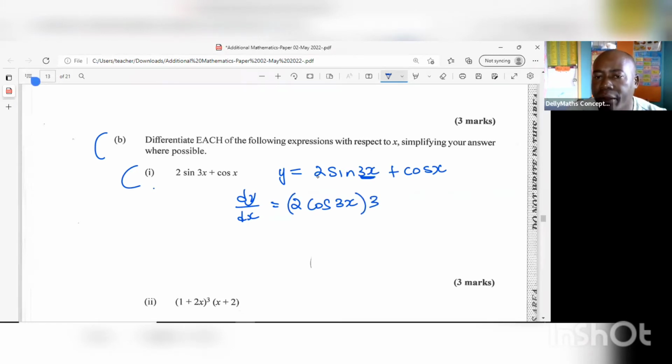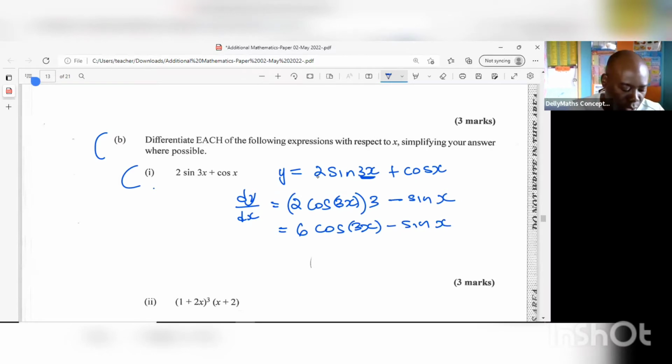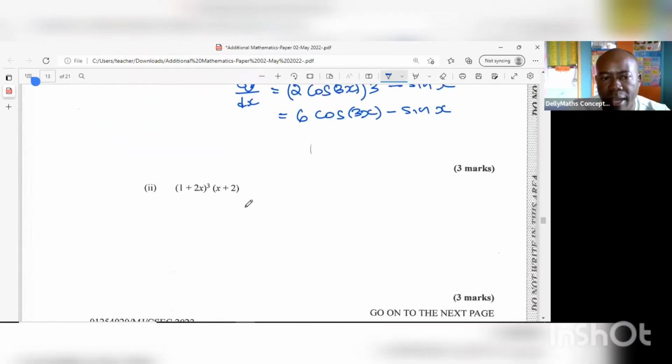So I have a 3 there. And then the differential of the cos is a minus sine x. So when we simplify this, we basically would have 6 cos 3x minus sine x. So there it is, the differential of that.